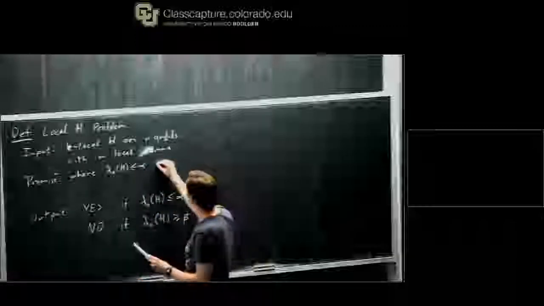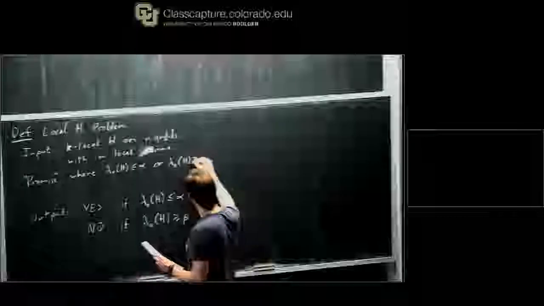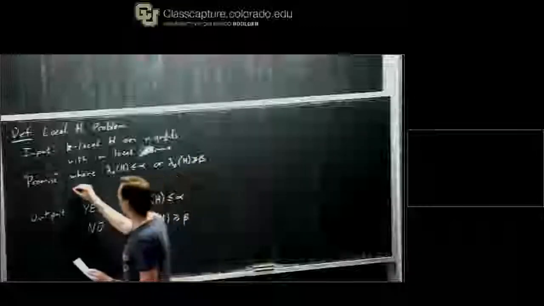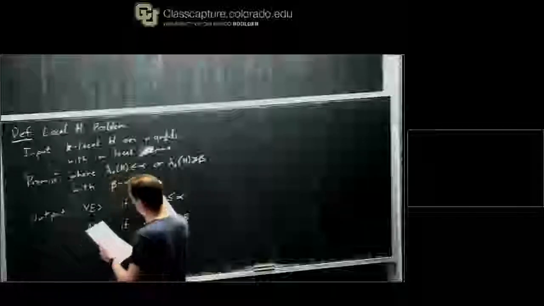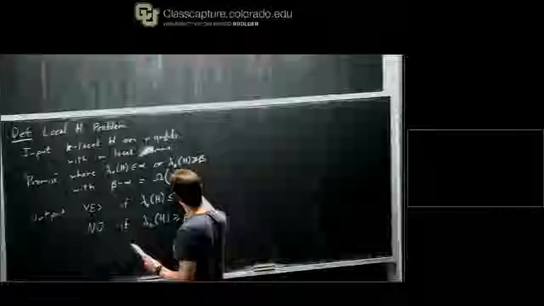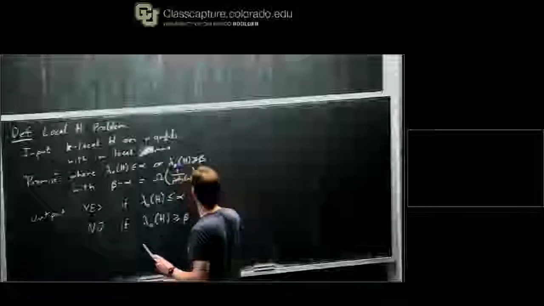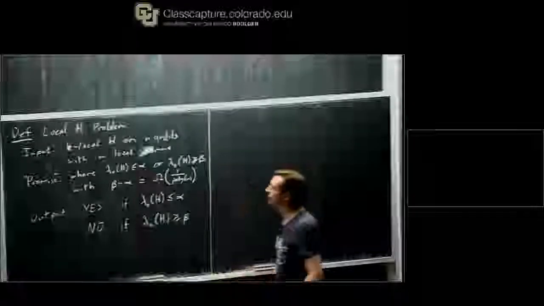Either the minimum eigenvalue is less than or equal to alpha or bigger than or equal to beta, and the gap between these two values, beta minus alpha, is lower bounded by 1 over a polynomial in n, the number of qubits. So that's my local Hamiltonian problem, and that's the problem we're going to study this lecture.